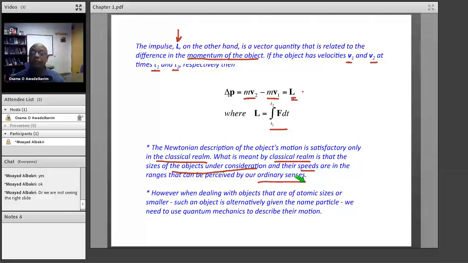The type of speeds that we walk with, the type of speeds that the cars move with, even the kind of speeds that an aeroplane or even a rocket moves with. These speeds are small, and the objects are large, and classical mechanics works very, very well in these cases.